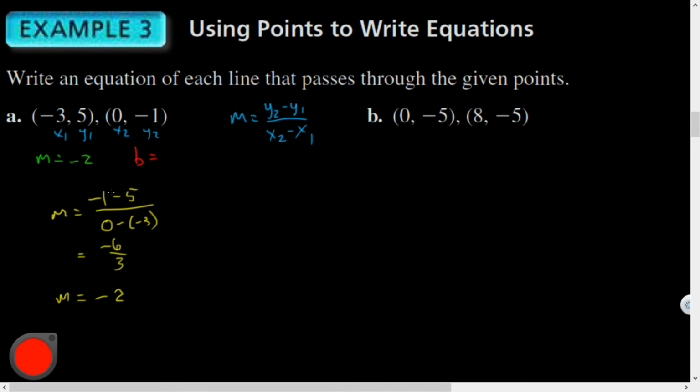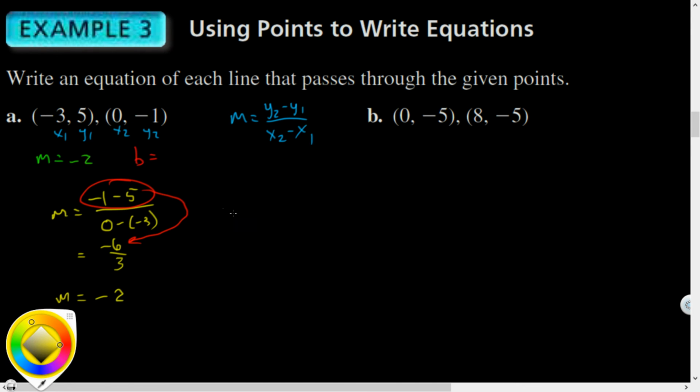The -1 and -5 is -6. They became more negative. So adding two negative numbers becomes more negative. I was just plugging them in this way, so I did -1 there and 5 there. You could have called this point 2 and this point 1.